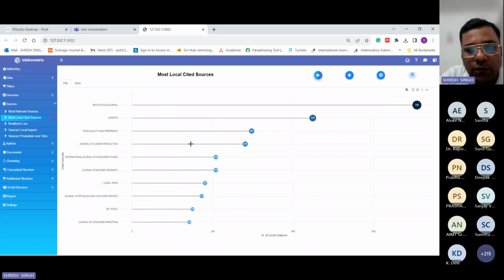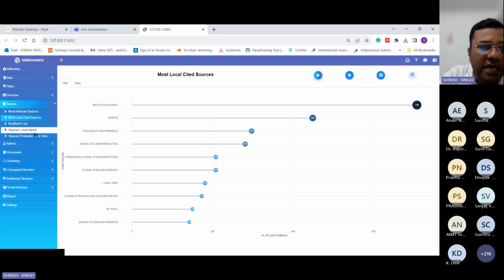So what you are seeing is that bibliometric analysis is just doing all types of analysis related to the documents, related to the authors, related to the sources, and you can report all the results in your research paper.